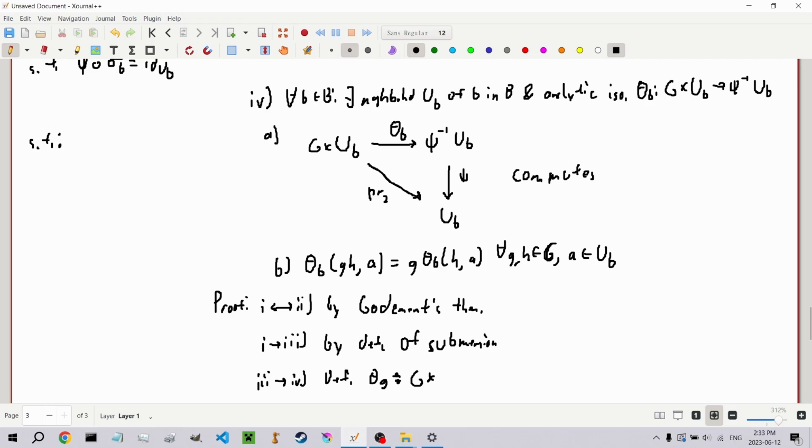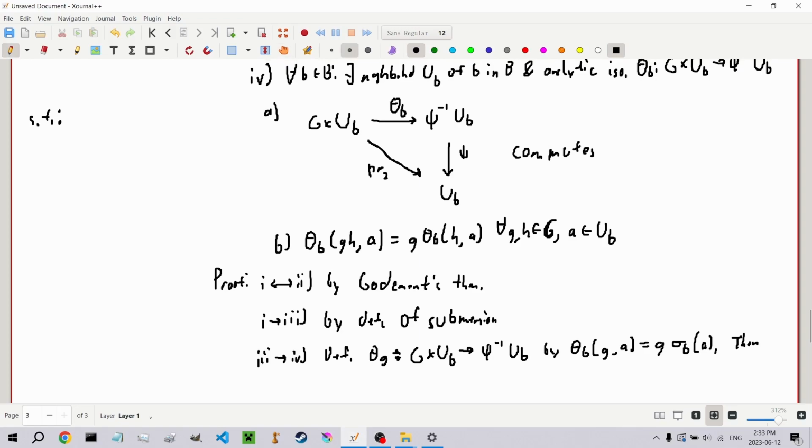It should be a colon, not an equality sign, from an element of G and an element of U and B to C inverse UB by theta B of G and A being G times sigma of B of A. Then theta B is a bijective morphism meeting A and B of part 4, you can see.